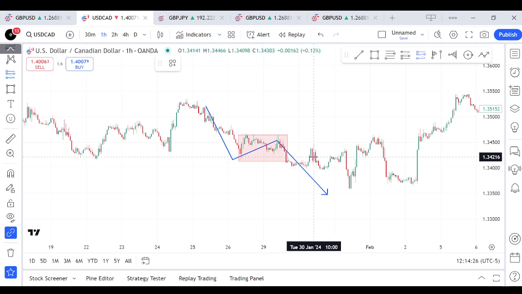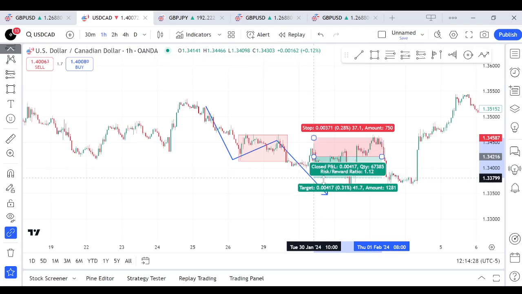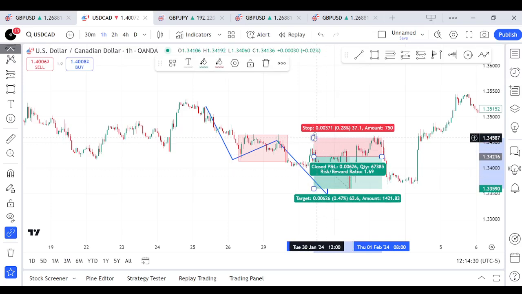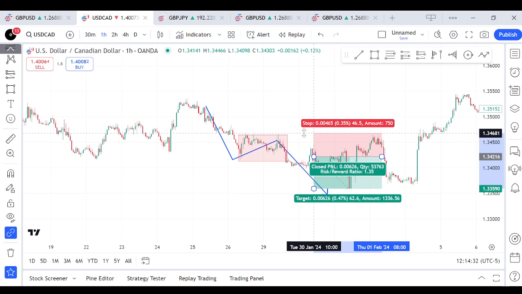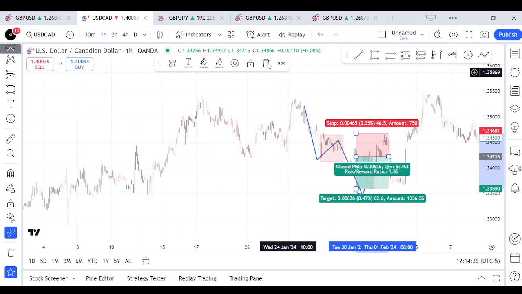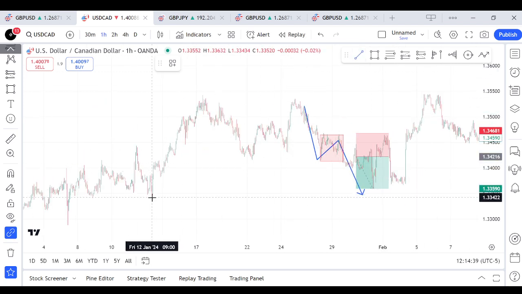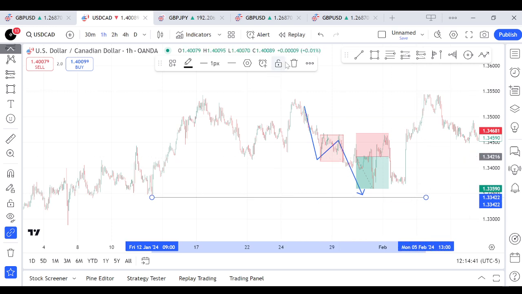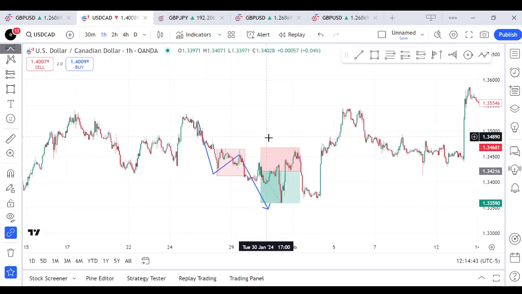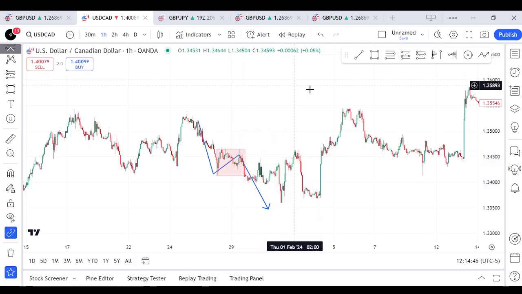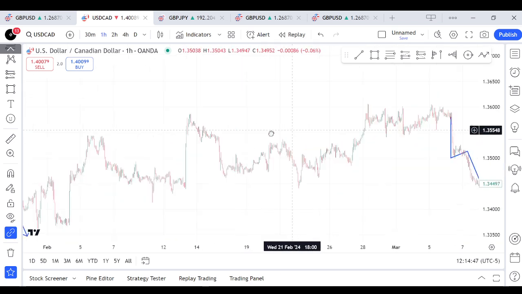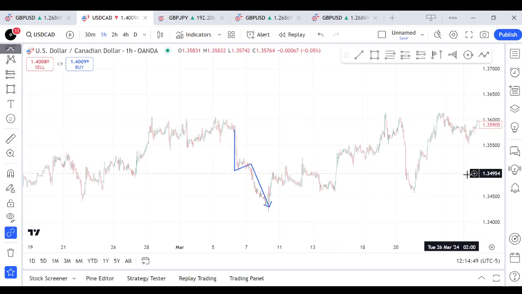You can see this rejection here, so we could just enter after that. And stop loss remains the same above the high of the base, and you could target a 1:1 or you could target a major support level like this one. But this didn't work out exactly as planned, so let me look for another example to explain it better.